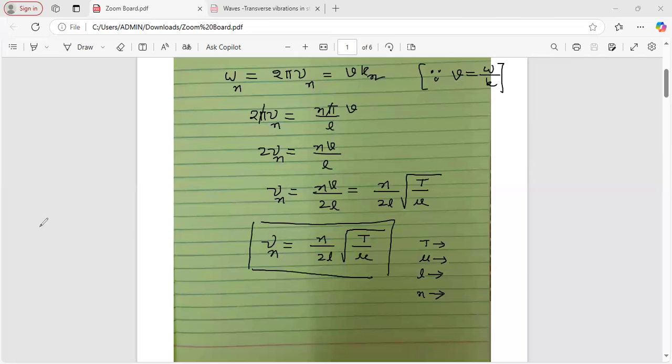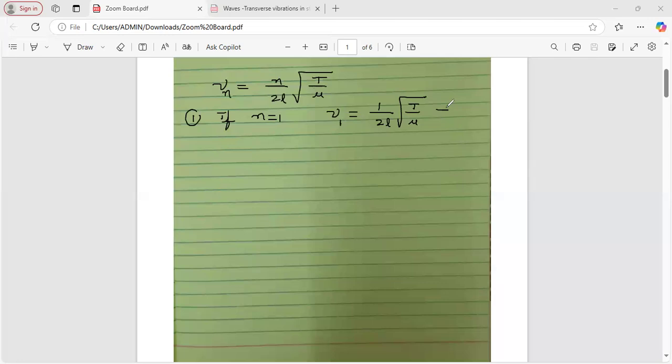Okay. Now let us extend this formula: nu n is equal to n by 2l square root of capital T by mu. If n is equal to 1, then nu 1 is equal to 1 by 2L square root of capital T by mu.